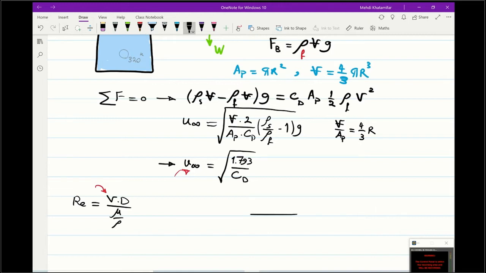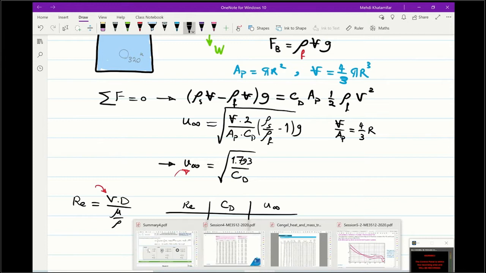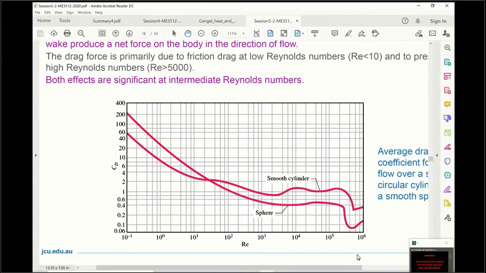So let's draw a table: Reynolds number, drag coefficient, and terminal velocity. Okay, let's see what number we can start with. We can start with any number we want, definitely not smaller than 0.1 and not bigger than 10 to the power 6.